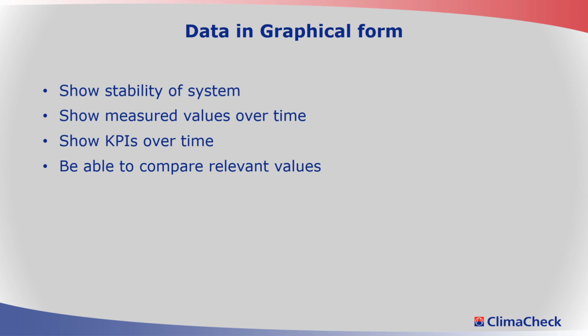Next we have the graph tabs, and this will help in knowing how the system is operating, if it's a stable system, and how it's changing over time. Now the graphs is a main part where we do our analysis. We can compare different KPIs, see how they're changing over time, what variable is affecting which other KPI.